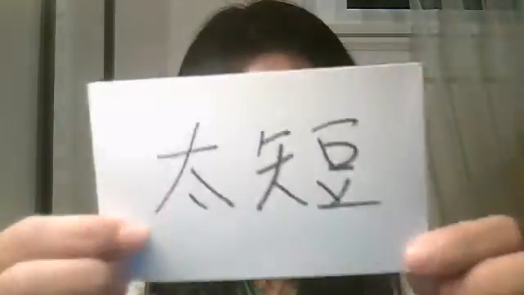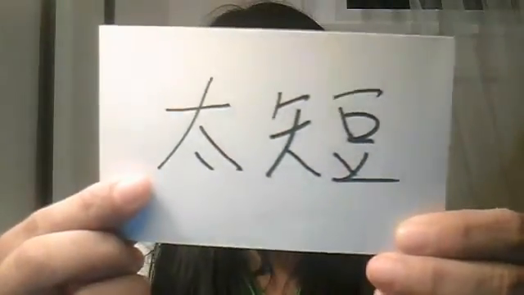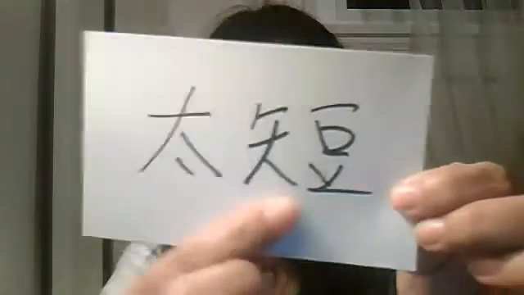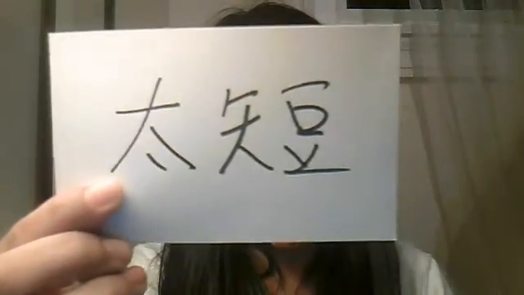So 太短 means too short. So I can't use a stick. 太短, it's too short. Too as in T-O-O. So 太 is T-O-O. You can use it in front of any adjective to mean too, T-O-O, not T-W-O. So those are the characters this week.